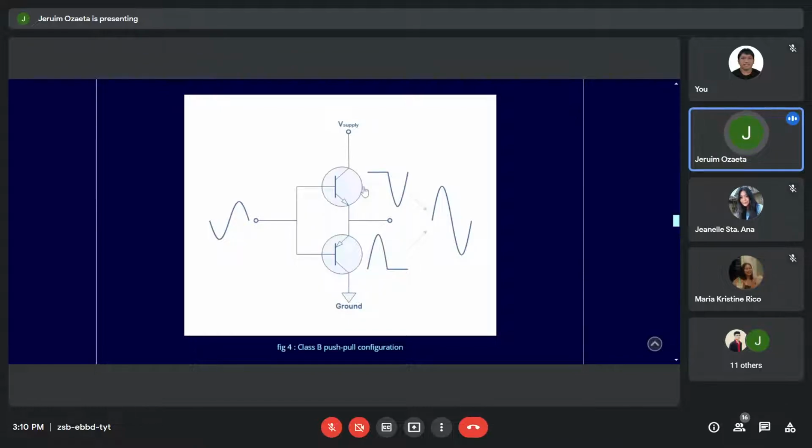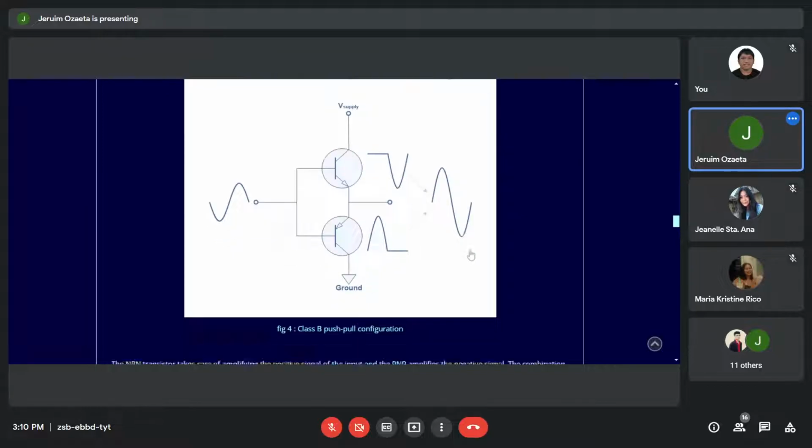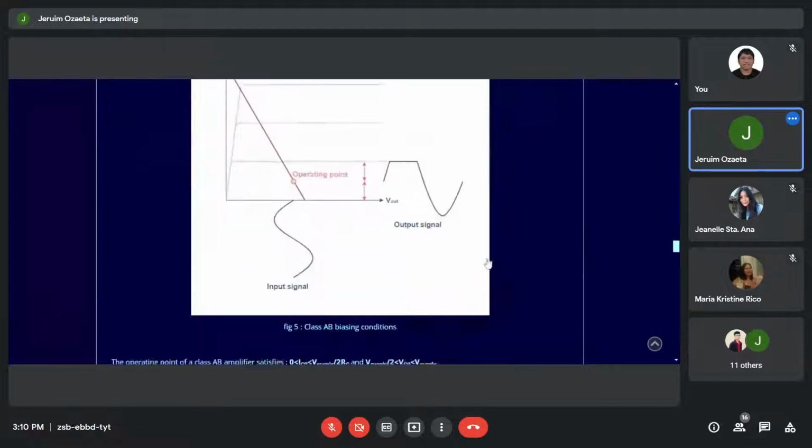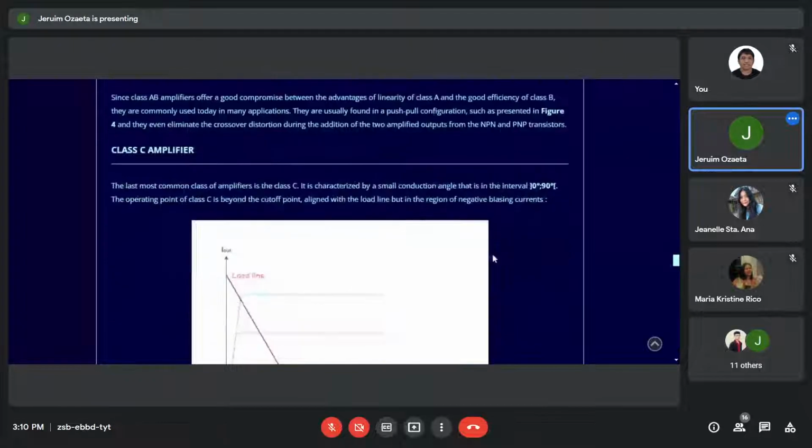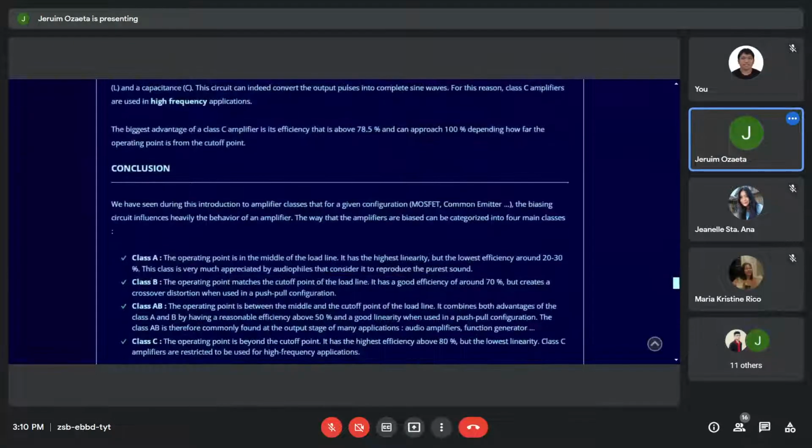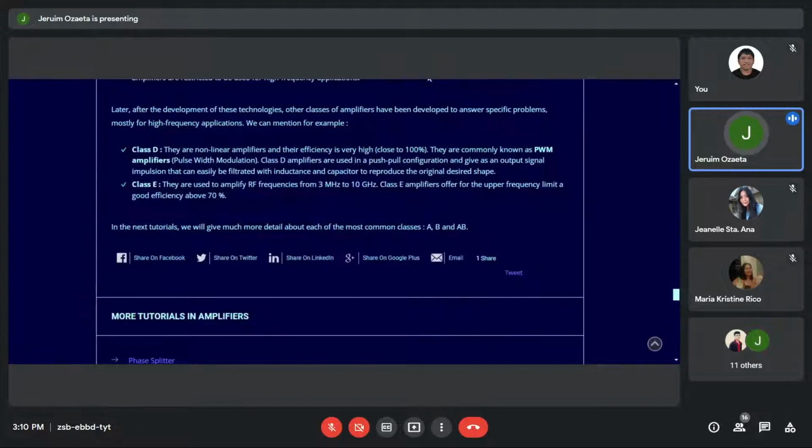Just remember that these transistors are not the same. This is PNP or NPN. This one is PNP. Positive, negative, positive. So that's it. I want you to just look for this.